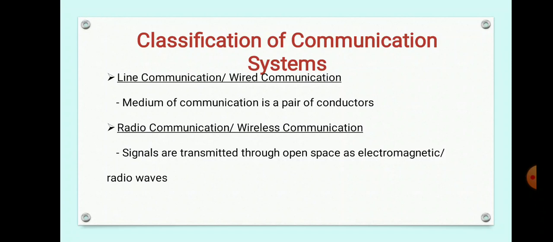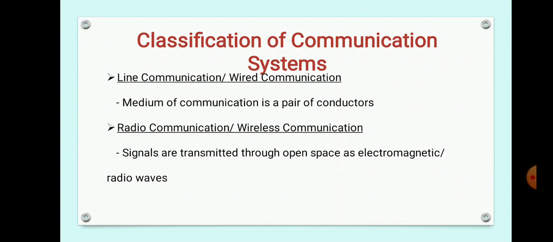So as there is a line connected between the transmitter and the receiver, we cannot freely move our devices. And another problem is that the cost of installing or reconfiguring the cables is very high, and also the cables are prone to damages.